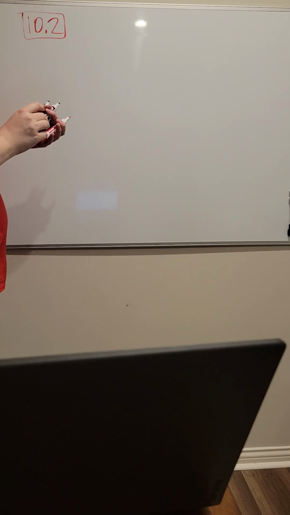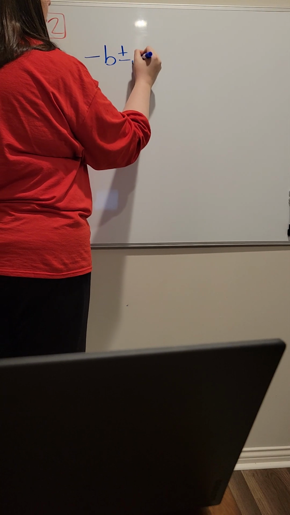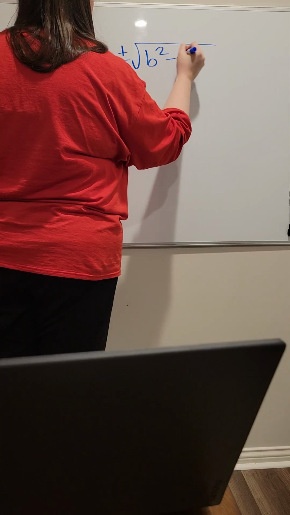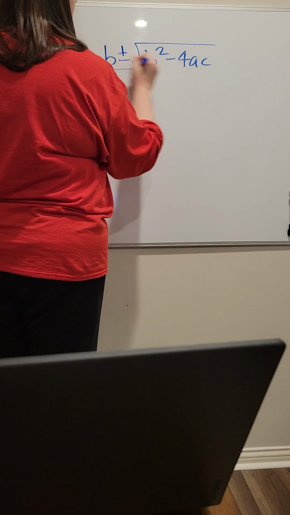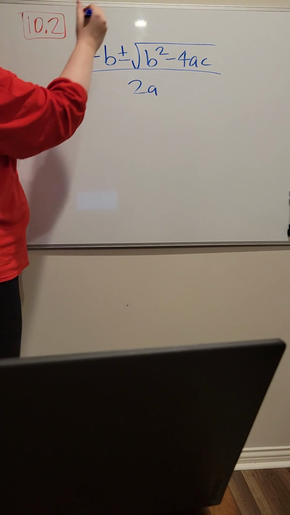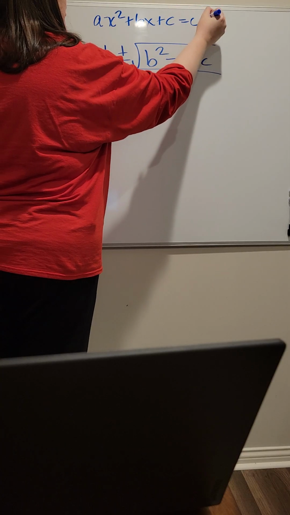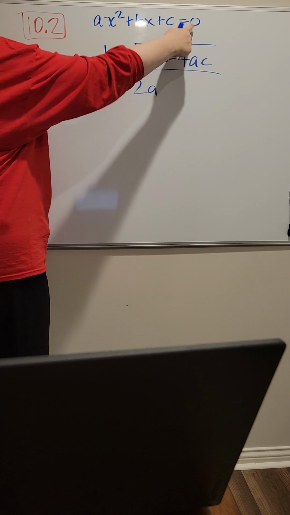So you will have to memorize the quadratic formula. It's the opposite of b plus or minus the square root of b squared minus 4ac, all over 2a, when you're dealing with a trinomial set equal to 0.